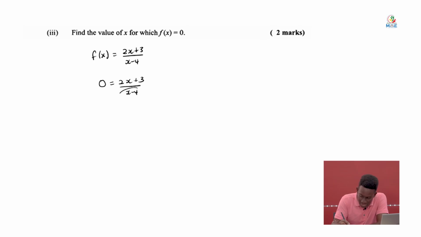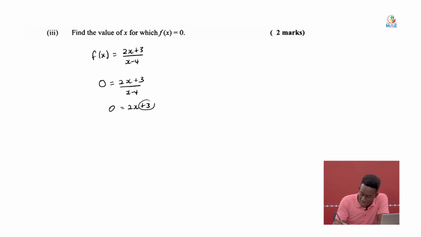So this is divided, we take it over to multiply. So this will be 0 multiplied by x minus 4 is equal to 2x plus 3. And we know 0 times anything would simply be 0. And then we solve for x because we want to find the value of x.